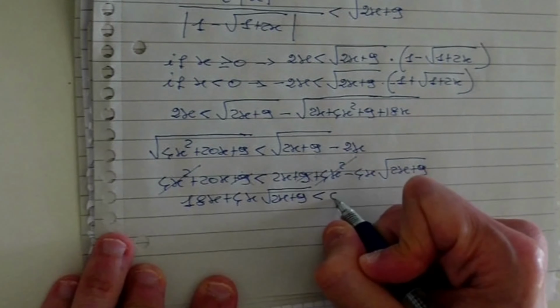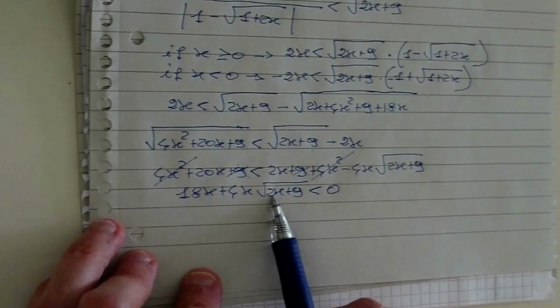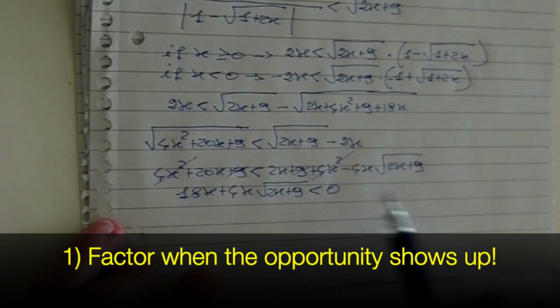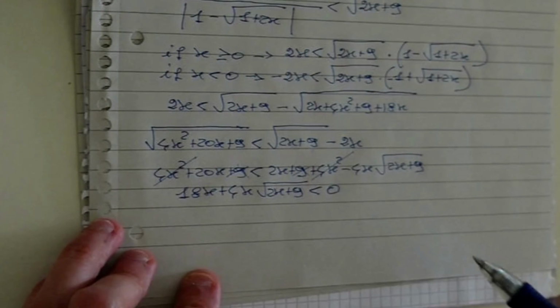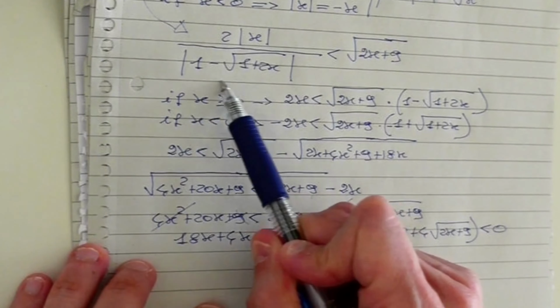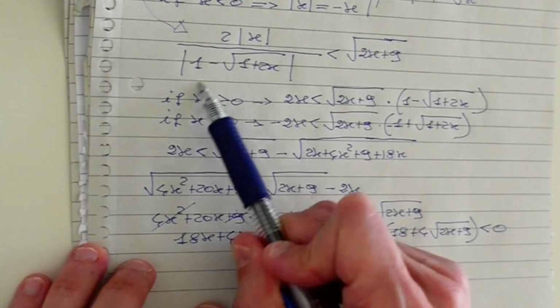Attention, because this is crucial, this is quite interesting. It is interesting because we can factor. Remember, as I've explained in the previous video, you have to try to factor when you have the possibility. In this case, we can factor it as follows. As you can see, here we have two factors. However, we are considering the first condition, which involves imposing this condition.